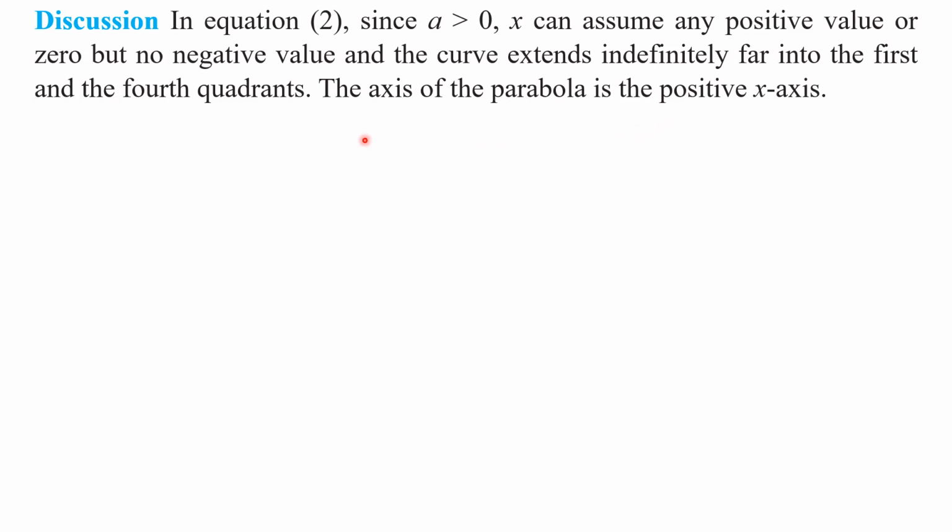Here a greater than 0 we have assumed at the beginning of the derivation. So x takes any positive value or 0 but not negative value. That is why the curve extends indefinitely far into the first and fourth quadrants. In this case, the axis of the parabola is the positive x-axis.